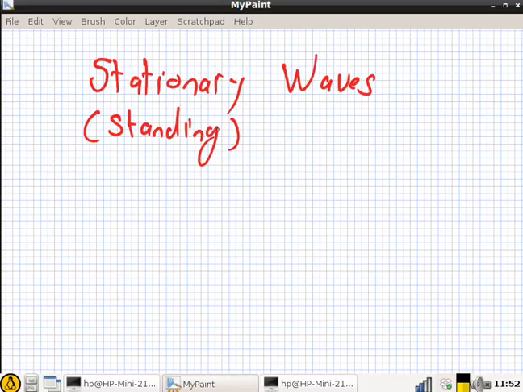The wave is not moving out of the room, it's standing in one spot, just moving up and down. So this is a standing wave, or a stationary wave. It's a wave that does not move anywhere, but you can still see it's a wave. It has a wavelength, a maximum, a minimum, and a period. So these are standing waves.